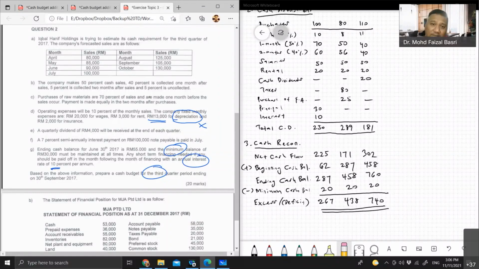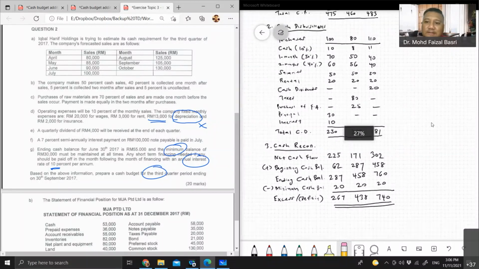Okay, in the notes ada kalau you nak tengok example, refer to the notes. The example dalam notes tu with interest payment, whereby they have to pay the interest the following month. Okay, but again, that is based on question which will give you deficit information. Ataupun you get deficit amounts. Tapi kalau dia excess macam ni, then that's it. This is your final answer.